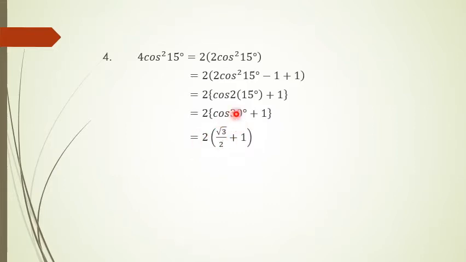Then substituting for cos 30 degrees, which is root 3 over 2, we have 2 into root 3 over 2 plus 1, and putting this under one common denominator, we have 2 into root 3 plus 2 all over 2. Then these 2 cancel, and the required result comes: 4 cos squared 15 degrees is equal to 2 plus root 3.